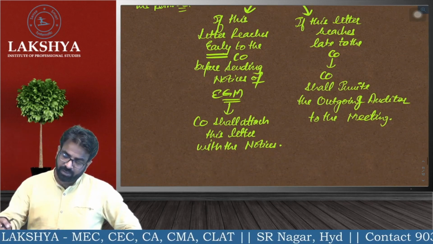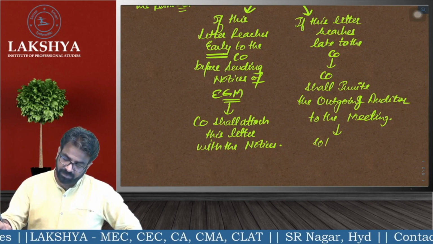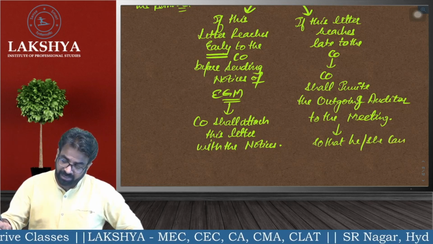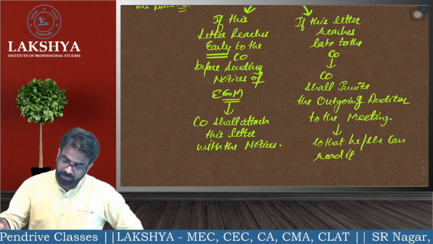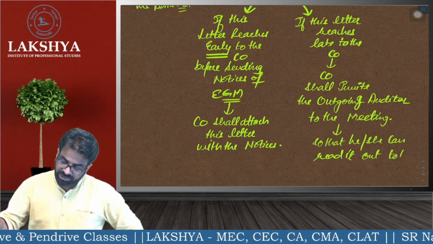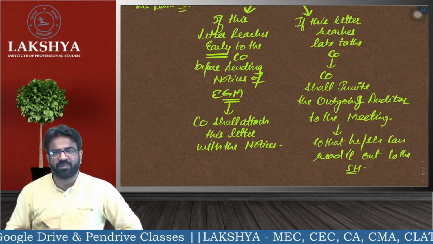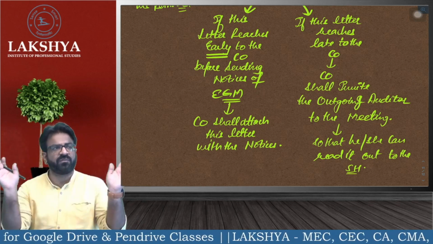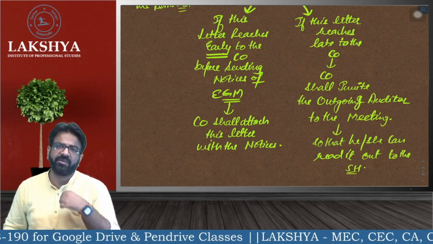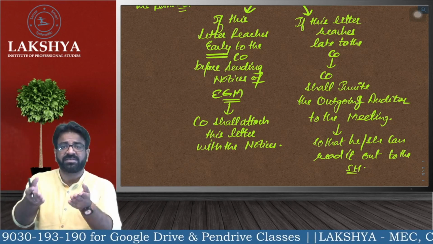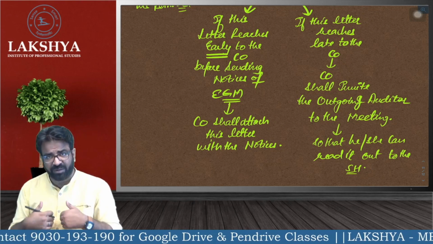Why? So that he or she can read it out to the shareholders. We'll give him 10 to 15 minutes in the meeting and he will stand up in front of all the shareholders in the EGM and read out his letter, which we were unable to send because his letter came to the company late.